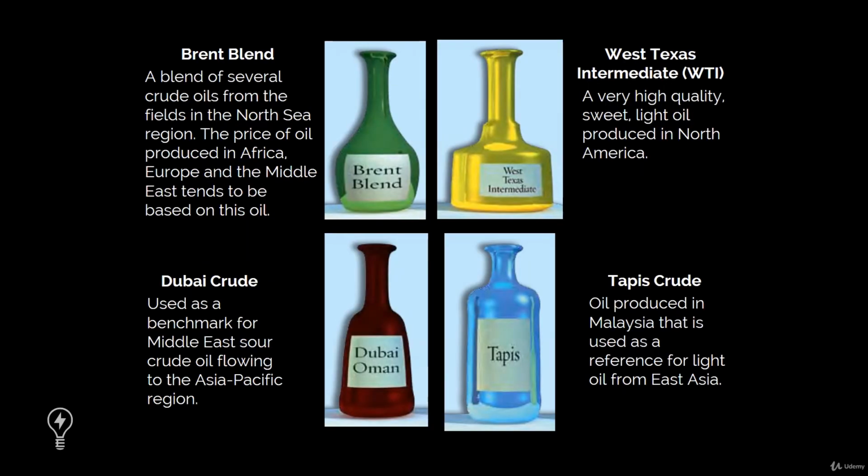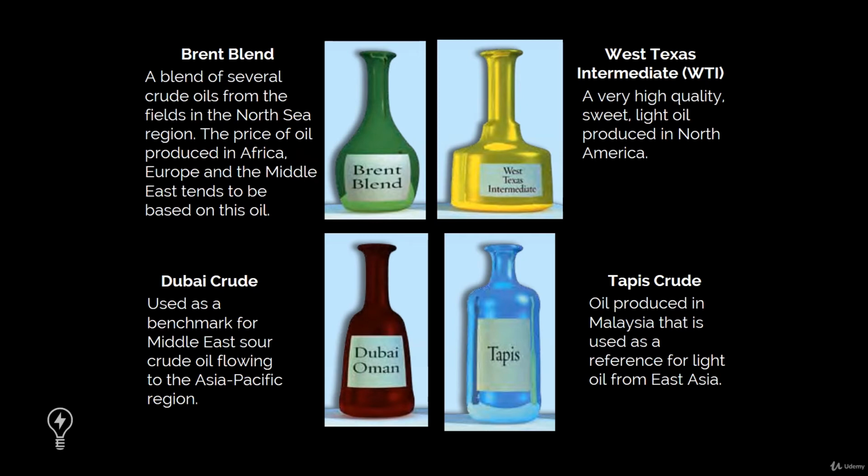Now, there are some crude oil types that are used as references or benchmarks to determine the value of other crude oils. For example, we have the Brent blend. This is a blend of crude oils from the fields in the North Sea region, and the price of oils produced in Africa, Europe, and the Middle East is based on this Brent blend.